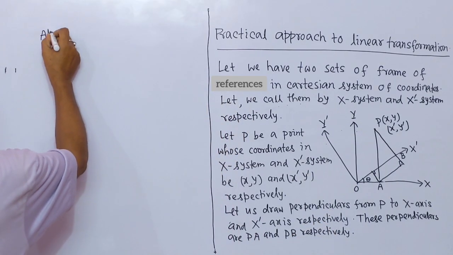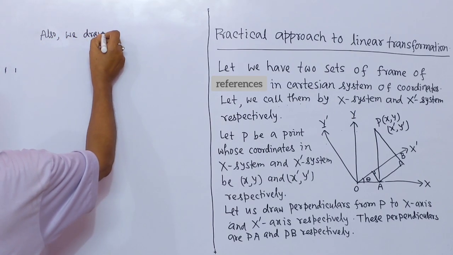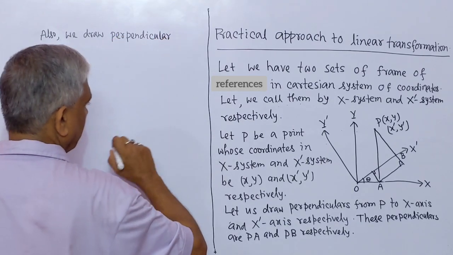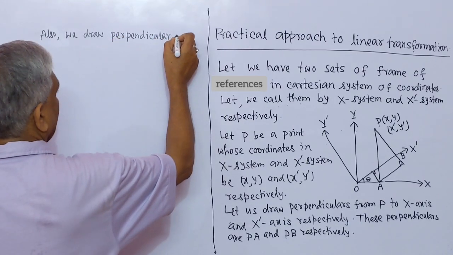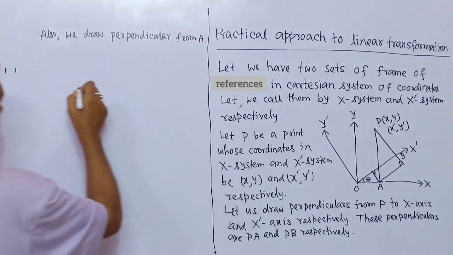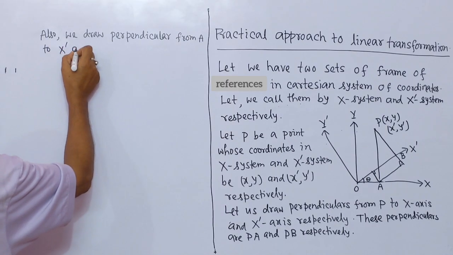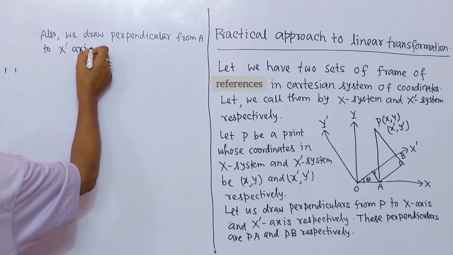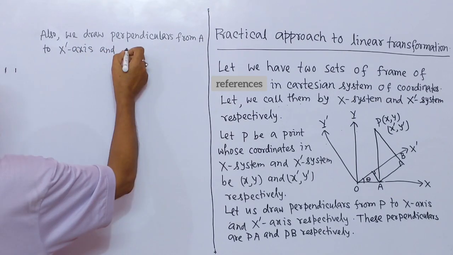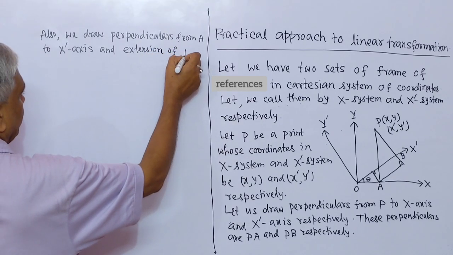Also, we draw perpendiculars from A to the X prime axis and the extension of PB.